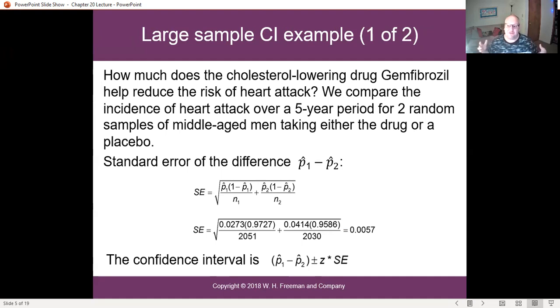So we get 2 different samples of a specific criteria. In this case, the criteria is middle-aged men that have a cholesterol issue. Then you say one of these groups is the placebo group or the control group, and one of these is the treatment group, or the group that gets the drug G. And then after you do that, you look at each group separately, and you look in the first group, the placebo group, and say, what's the proportion here of people that had an improvement in their health?